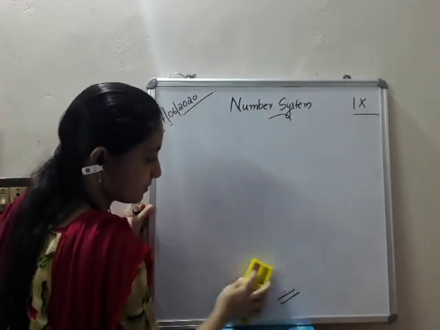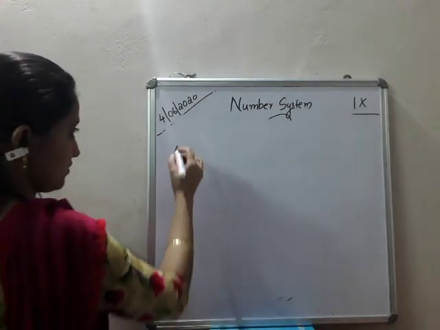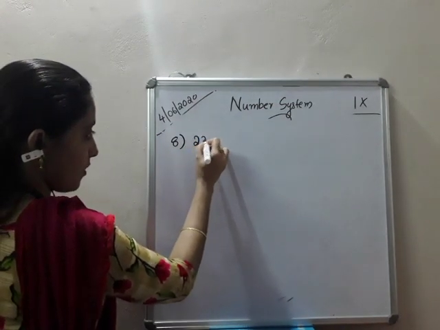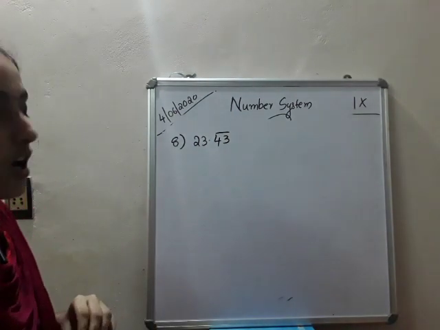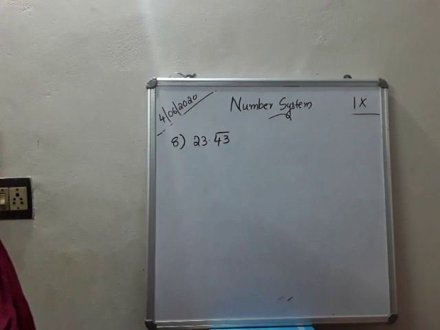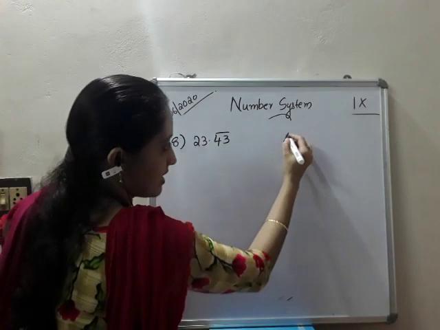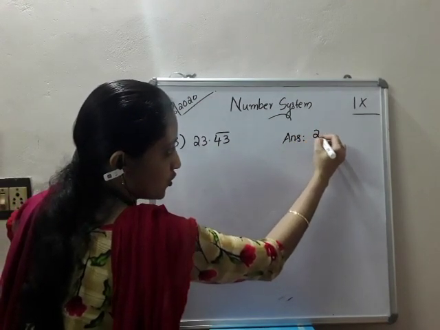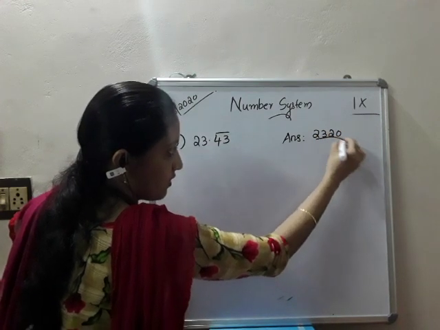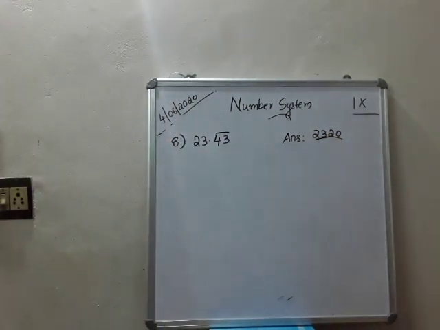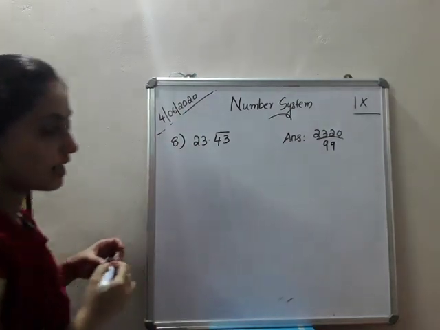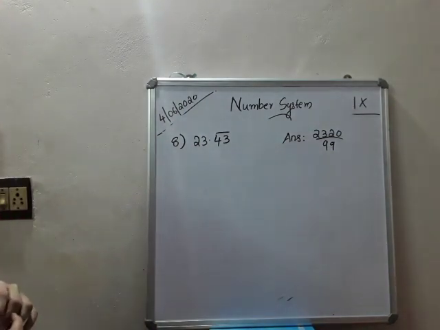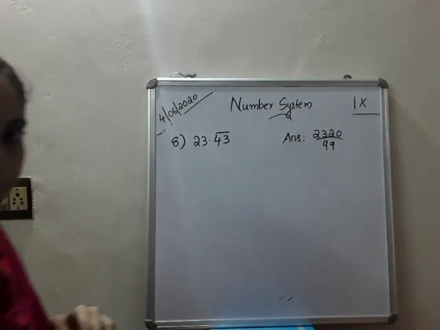8th question is 23.43 bar. Similar way you have to do, and the answer will be 2320 divided by 99. 2320 divided by 99 will be the answer.